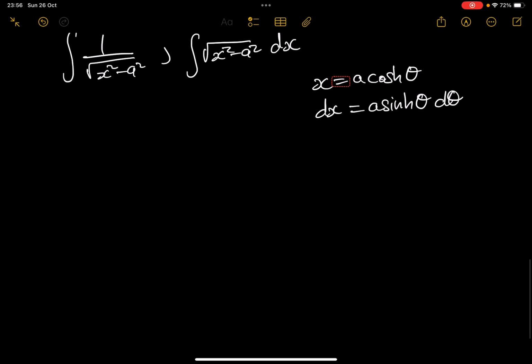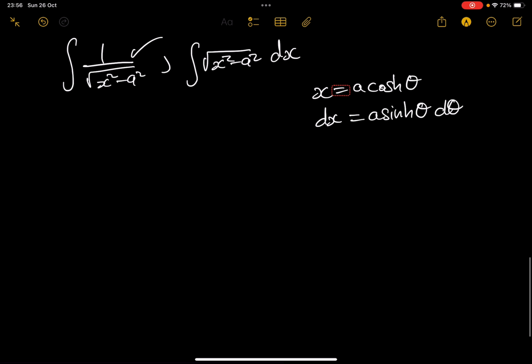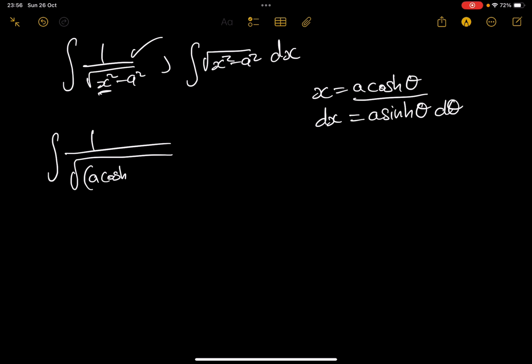So here I'm going to start with this one: the integral of 1 over root, where there is x, we substitute a cos theta, so (a cos theta) squared minus a squared.